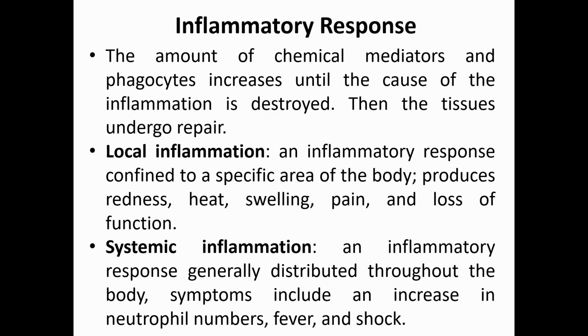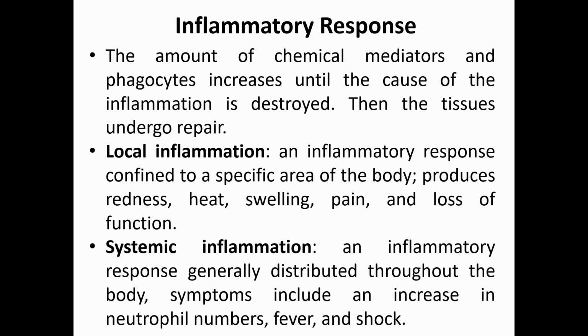We have two types. We have local, in which the inflammation is confined to a specific area of the body. It primarily produces redness, heat, swelling, pain, and loss of function. Systemic inflammation is an inflammatory response generally distributed throughout the body. Symptoms include an increase in neutrophil numbers, fever, and shock.